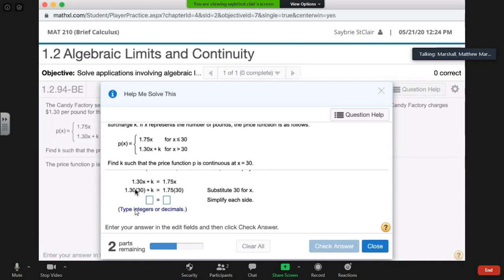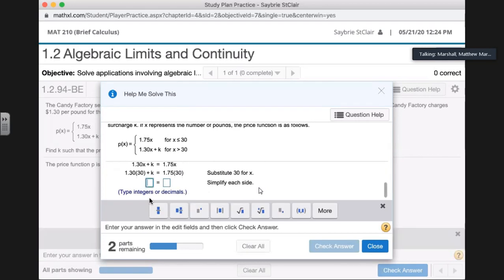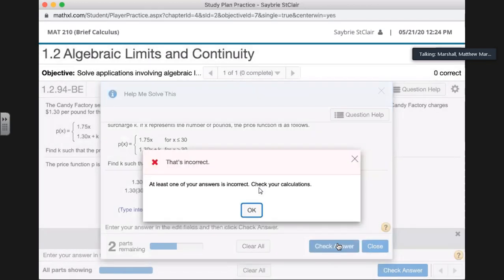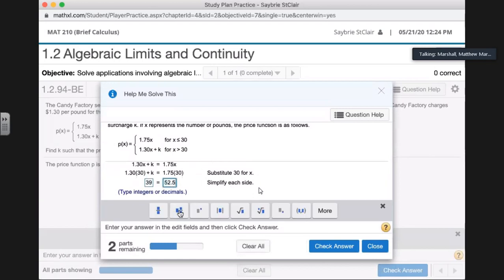Once you type in those numbers right there, I would just use 52 on that one.